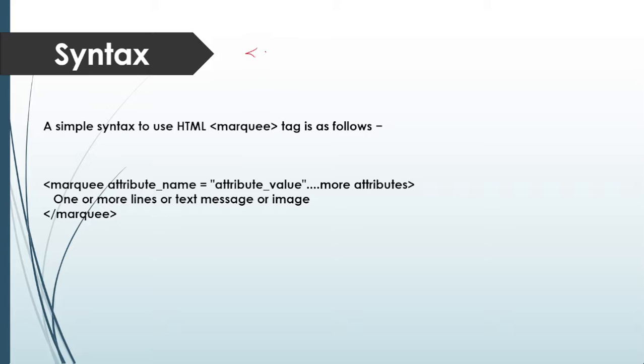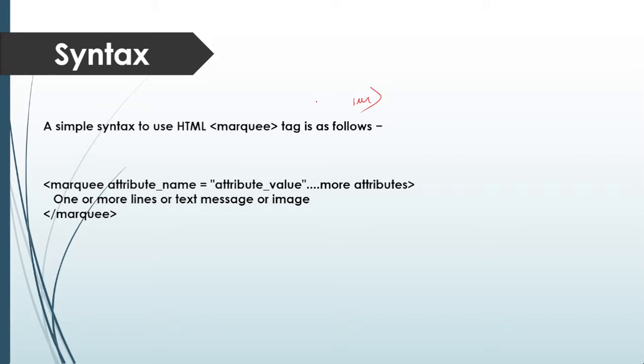So I will tell you in simple language. If you want to scroll my name, my name is Ankita, if you want to scroll this particular statement, then we write it after starting the marquee tag, and we always need to close the marquee tag.